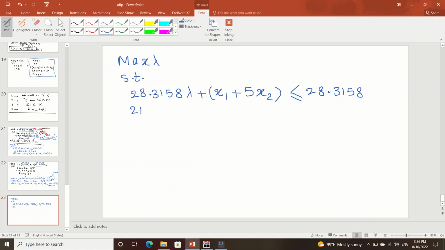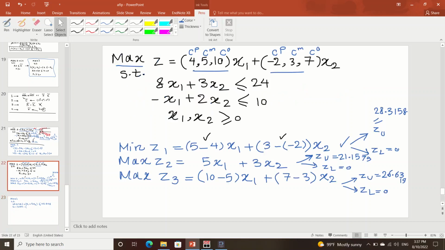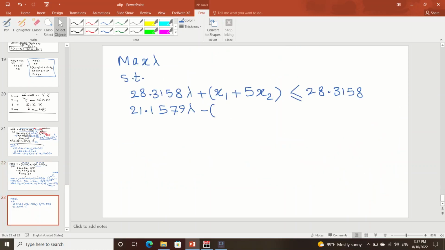And for the others, we have lambda minus, because the second objective function must be maximized, and this must be subtracted from this expression, 5x1 plus 3x2, is less than negative Z lower.